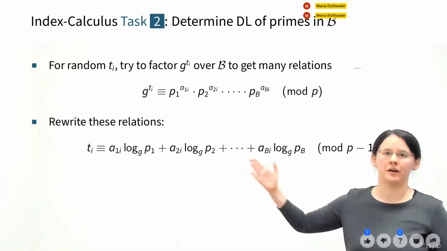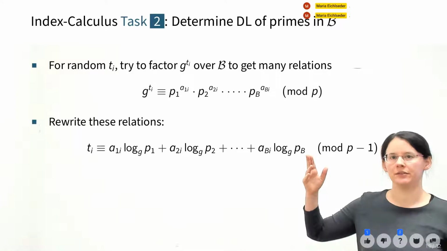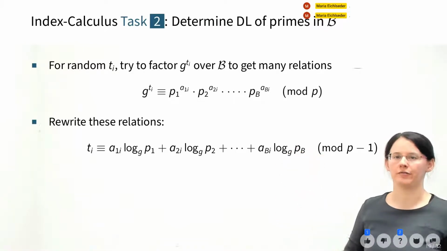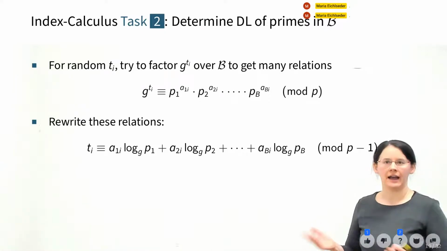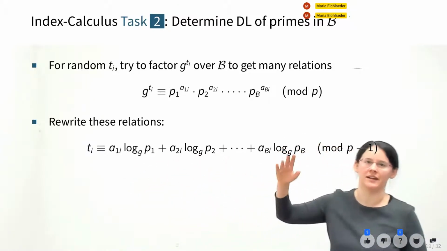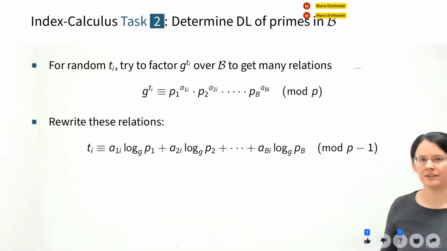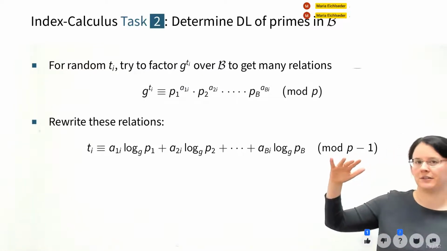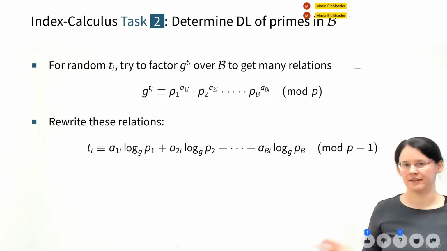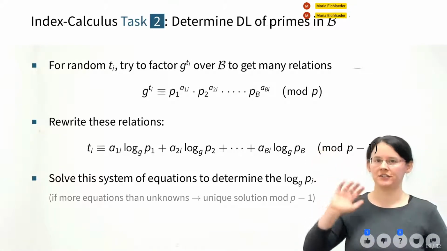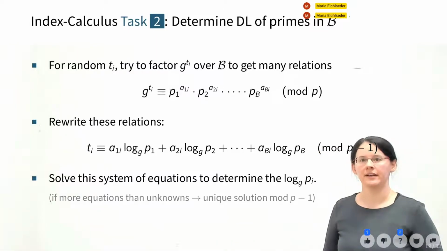Now, if I have b unknowns here, one for each prime number, and I successfully collect a total of b relations, I actually have a linear equation system. t equals a times something plus a times something plus another a times something. And I can solve that, even if the equation is not over the real numbers, but modulo p minus 1. That doesn't really change anything. So I collect relations and I solve the corresponding equation system.